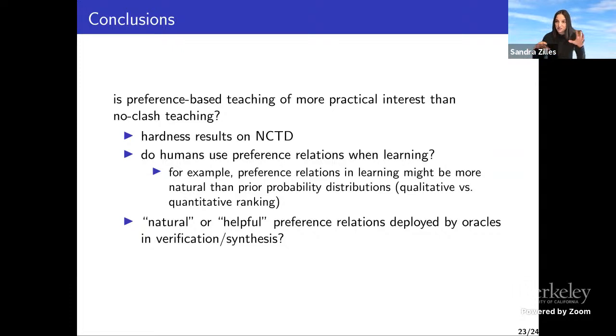I see lots of colleagues trying to impose priors on hypothesis spaces. And I think, wait, that's overkill, right? I don't need a prior. That's a quantitative notion saying this concept is so much more likely than that one. Why not just say it is more probable or more preferred than that one? Maybe that eases things a lot.